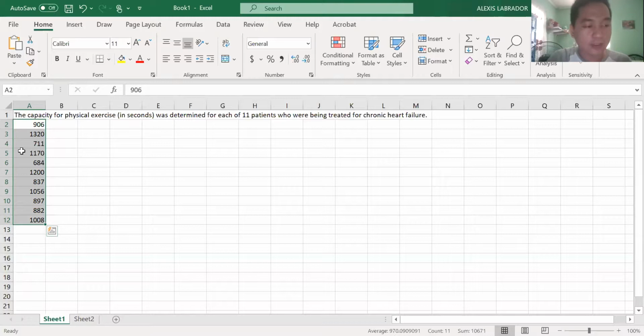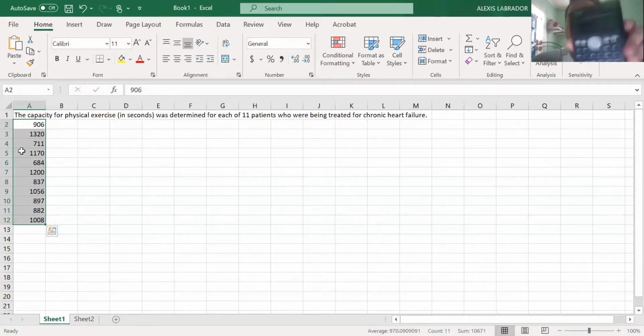So continue entering all the data on the calculator. 1320 M plus, 711 M plus, 1170 M plus, 684 M plus, 1200 M plus, 837 M plus, 1056 M plus, 897 M plus, then 882 M plus, and then 1008 M plus.